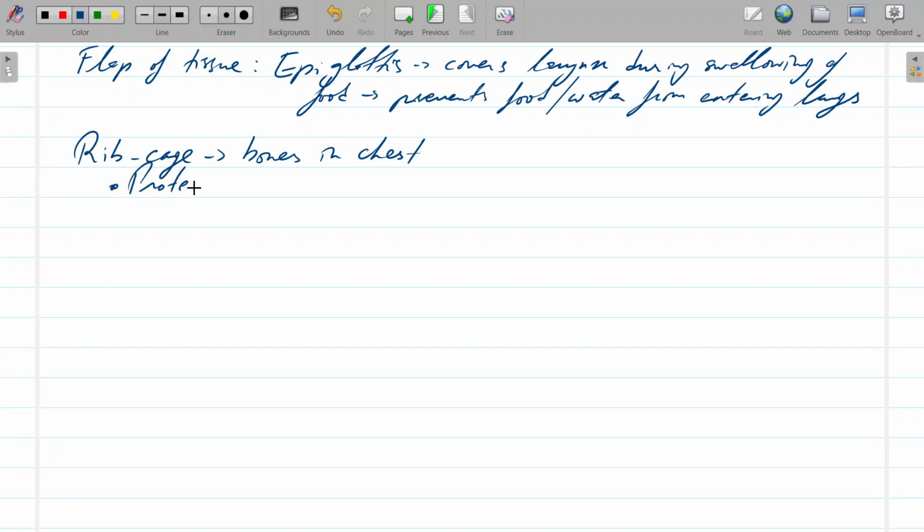So they are physically protecting, and then, as we'll get to, they move to help in the process of ventilation. So they move to ventilate the lungs.